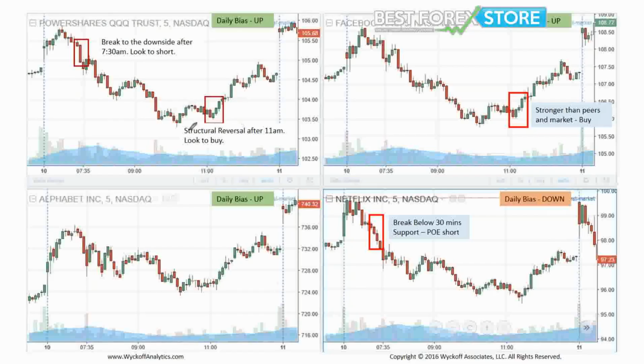We want to trade something that is going to be stronger than the peers in the market. So as I look at this picture right here, it seems that the market is stronger than Google, but it's also a higher low, so also a possibility. But as I look at Facebook, it seems that Facebook is behaving much, much better than both Google and the market.